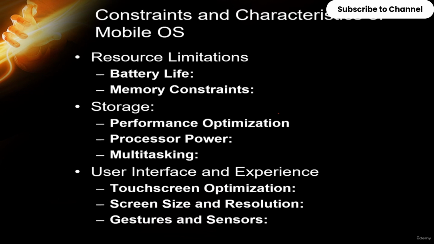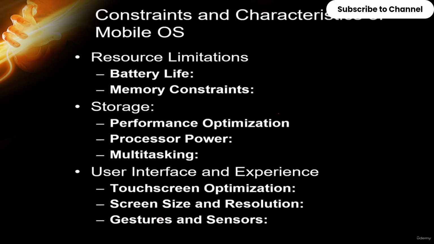The next thing is memory constraints. As the devices are small, memory constraints play a major role, where the amount of memory the operating system works with has more impact, such as how much gigahertz or GB, TB of memory it is using.